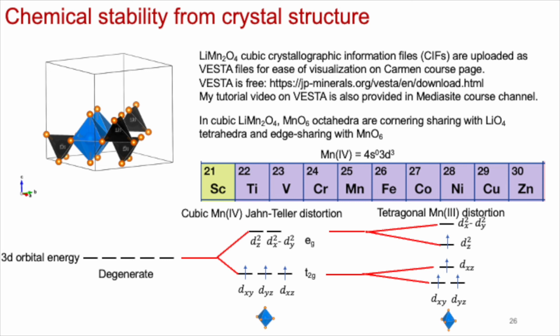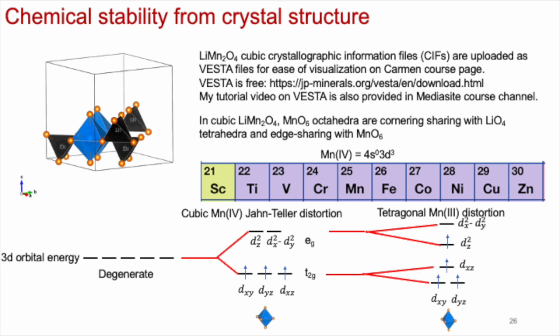So in these configurations, if you have manganese surrounded by the 6 oxygens in an octahedral environment, you get this Jahn-Teller distortion where the 3D orbitals are no longer degenerate. They go into an EG and a T2G energy level, so they split. Manganese in this configuration is +4, so Mn is +4.